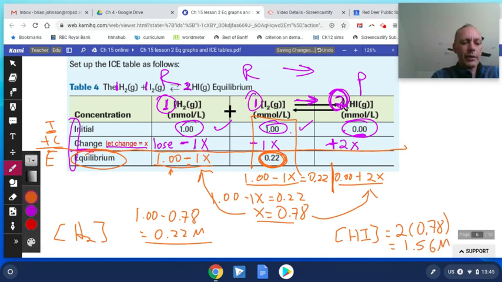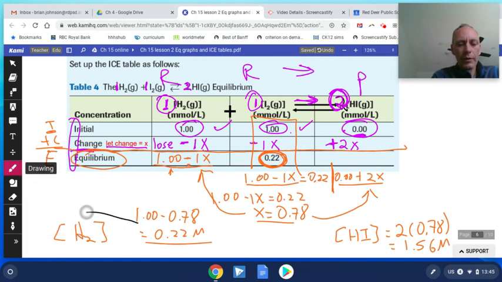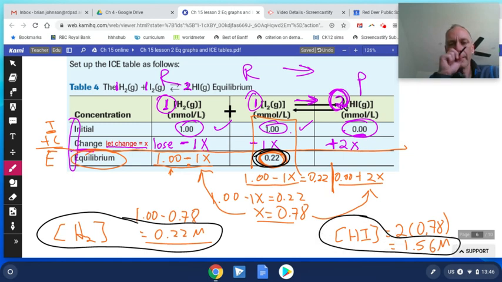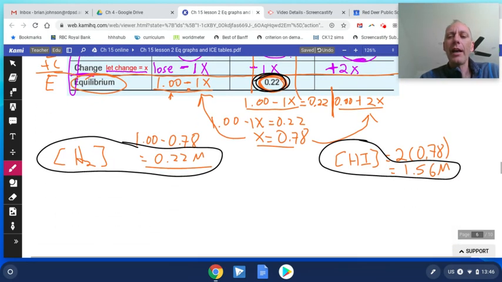Okay, let's switch up our colors here. So we have just figured out our equilibrium concentration of hydrogen. We already knew iodine, and now we also have hydrogen iodide. So using that ice table, we were able to figure out the equilibrium concentrations of all 3 chemicals. Okay, so it's a little messy, but hopefully that helps you figure out how ice tables work.